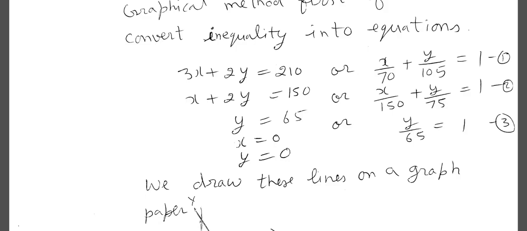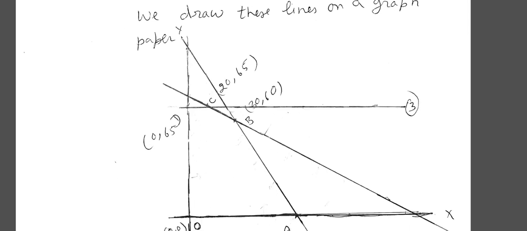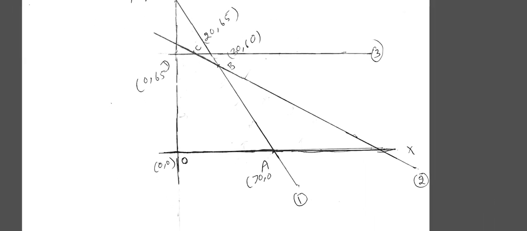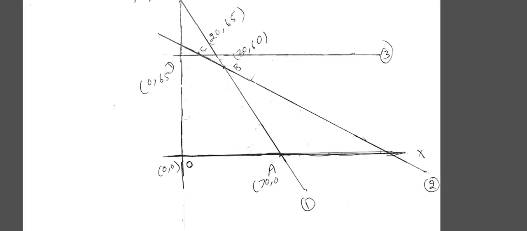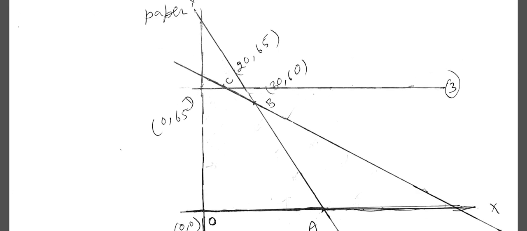We can write these equations in its intercept form like first equation x by 70 plus y by 105 equal to 1, x by 150 plus y by 75 equal to 1 number 2 and y by 65 equal to 1 number 3. Now we draw these lines on a graph. So here is the graph of these lines. We draw these 3 lines and mark number 1, 2 and 3.